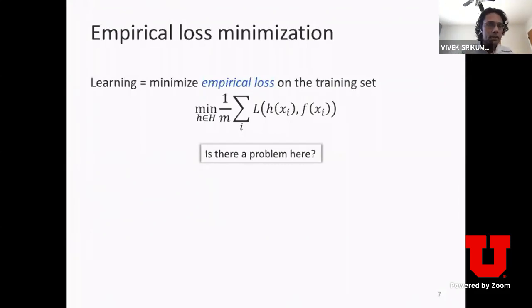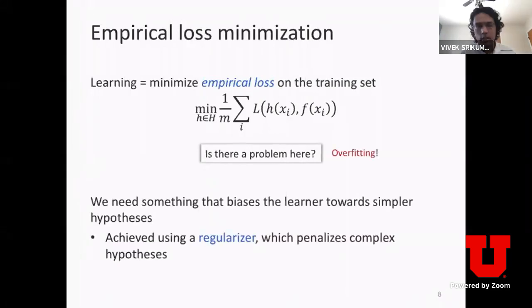So for any example in the training set, it will get the perfect label. Of course, it's not learned anything. So that's an extreme overfitting classifier. So we need to somehow influence this search over classifiers, this minimization of loss, to prefer classifiers that don't overfit.